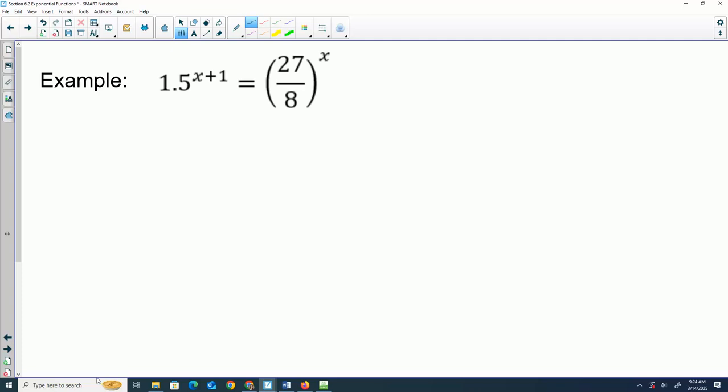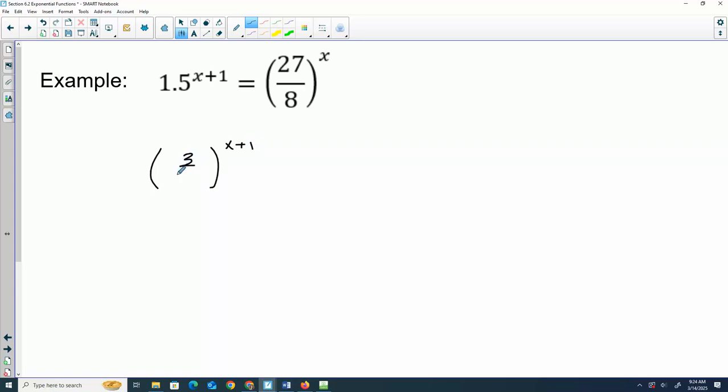All right, so that's a little bit challenging to think about getting a common base when you have decimals and fractions. What could you do? Would you have to turn the 1.5 into a fraction? Yes, you would. What is 1.5 in fraction form?